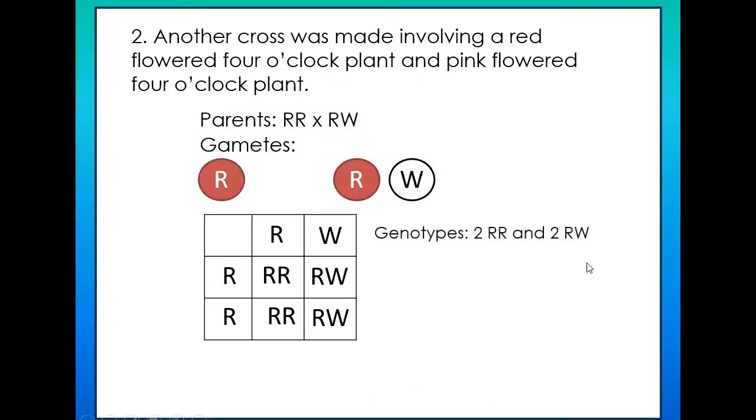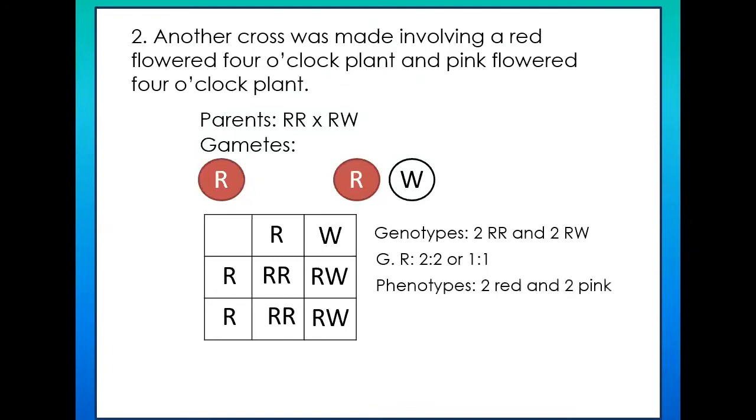We have 2 homozygous red and 2 heterozygous pink. That's how we read genotypes, right? Getting the genotypic ratio, that is 2:2 or 1:1. We have to write our answer in terms of ratio in the simplest form, okay?